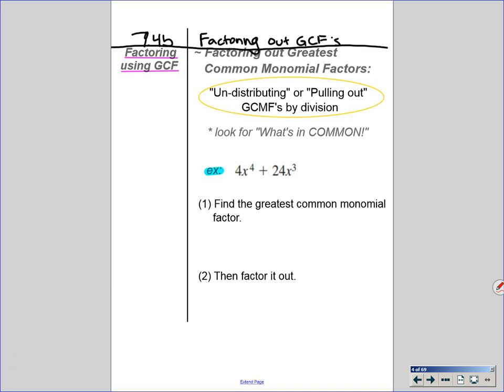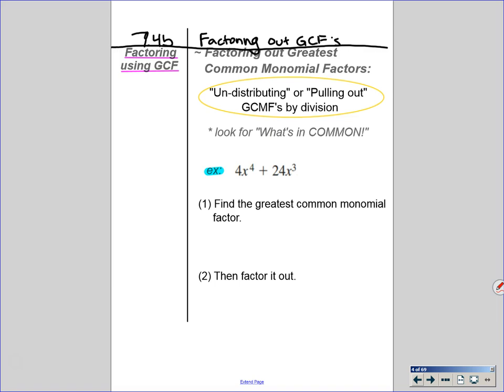Even when you were doing a table, you were distributing, just you didn't quite see it the same way. So, what is undistributing? Undistributing is looking at something that's all together, no parentheses, no need to multiply, and going backwards and saying what is in common and how do I take it out?